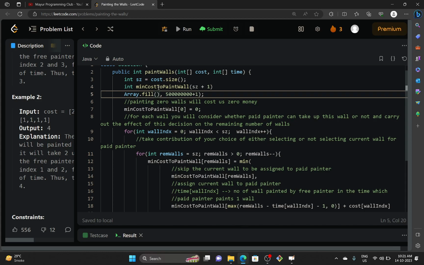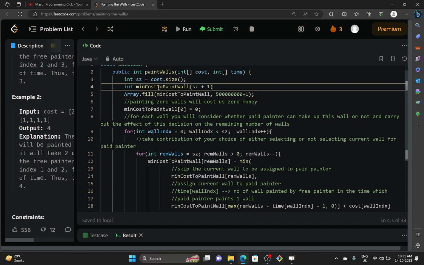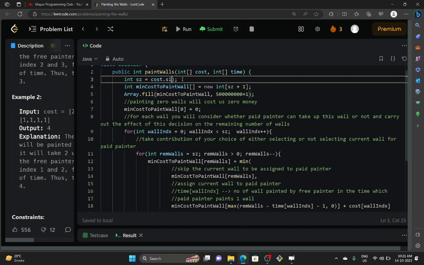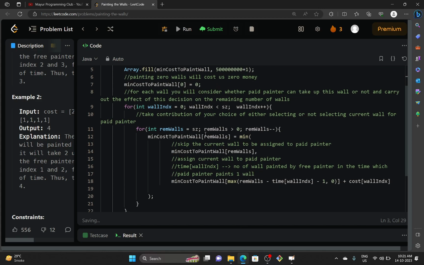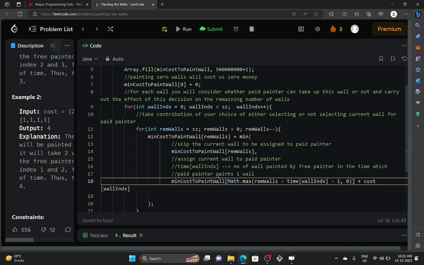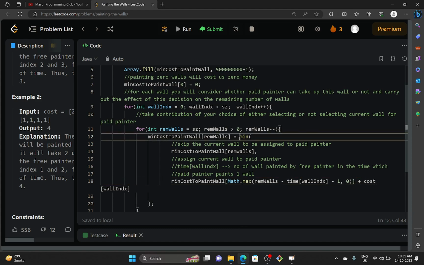We will be filling this minimum cost to paint array. Okay, and a new integer array will be declared here. Rest I think should be fine. And instead of that max, you should be writing Math.max, and here also Math.min.